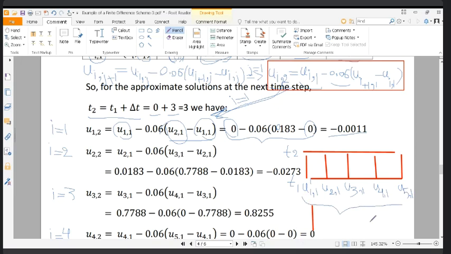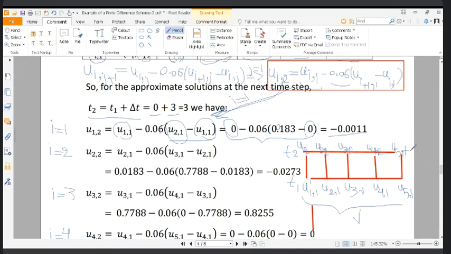We know the value of them exactly based on the initial condition. And at this point, we have u1,2. This one is u2,2. For this point, we have u3,2. For the next point, we have u4,2. And for the next point, we have u5,2.